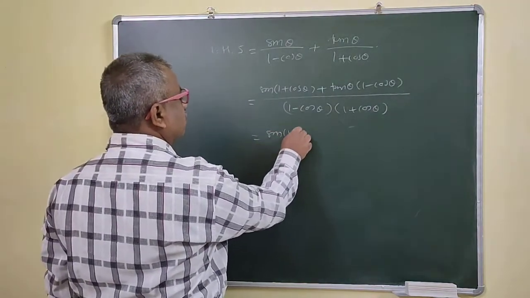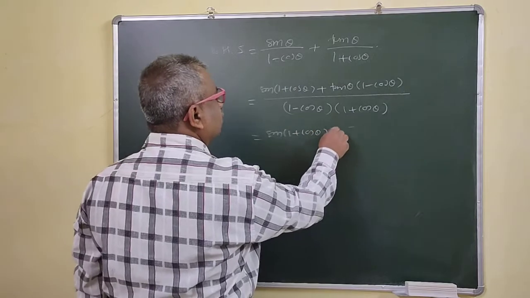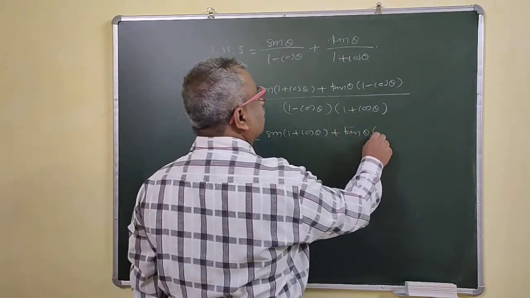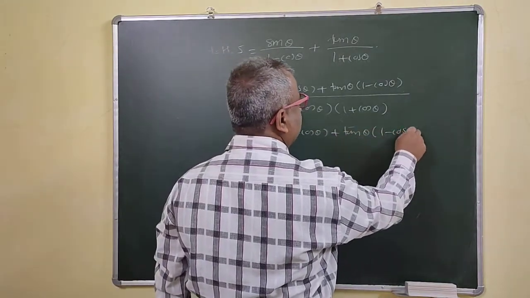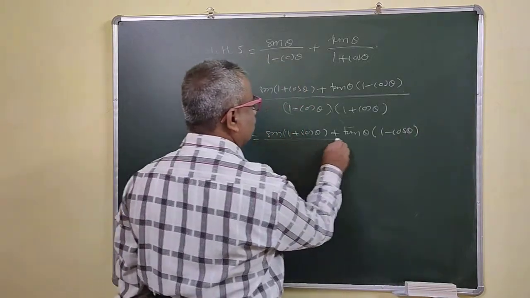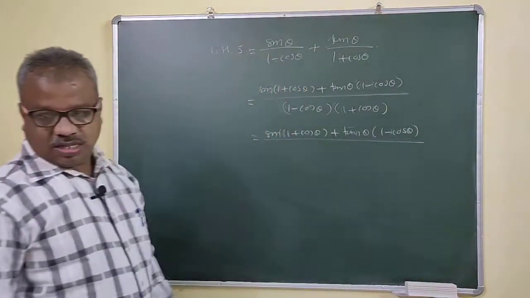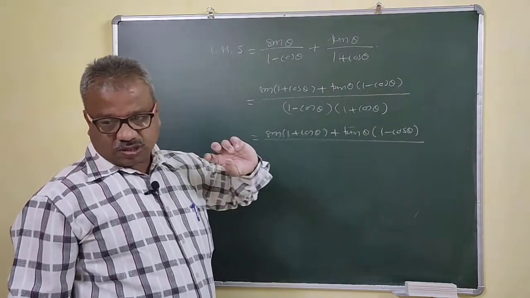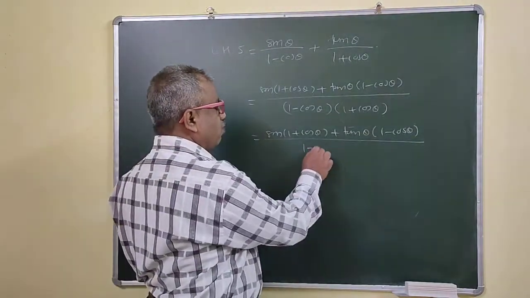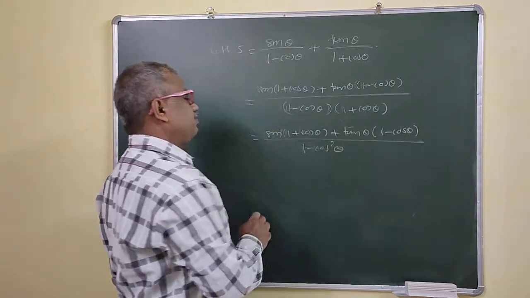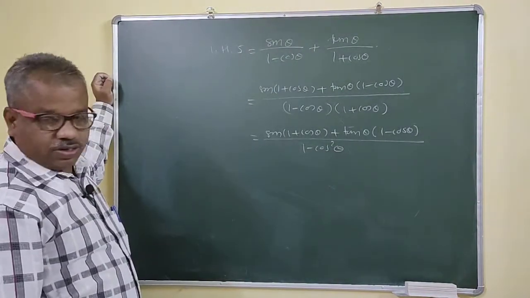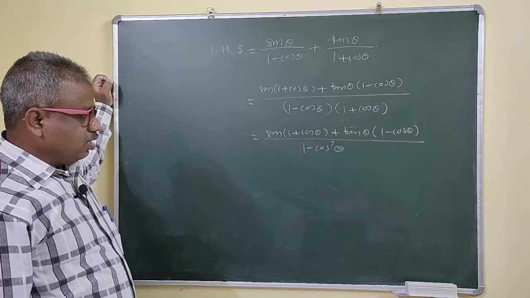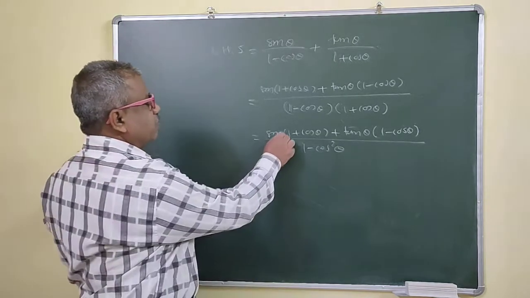Sin theta into 1 plus cos theta plus tan theta into 1 minus cos theta. We'll keep this as it is. We'll see later on this. Right? So 1 minus cos theta into 1 plus cos theta is equal to 1 minus cos square theta. So this will be 1 minus cos square theta. Right? And 1 minus cos square theta is equal to what?